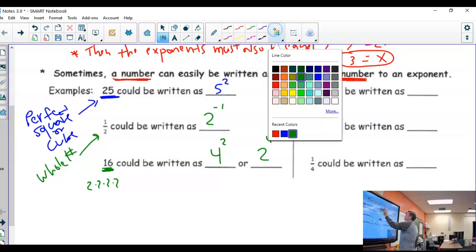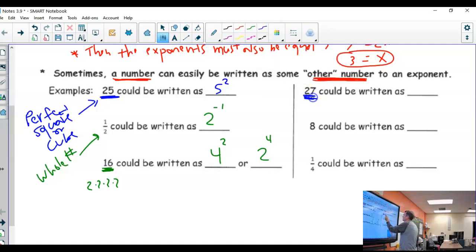How about 27? That could be written as 3 to the 3rd power. How about the 8? Anybody know? The 8 could be written as 2 to the 3rd power, right? That is 2 times 2 times 2.